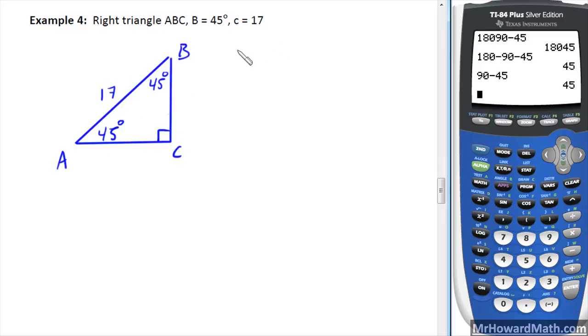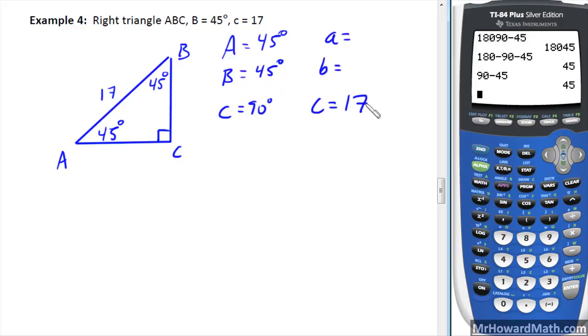So now we know all of this. Sometimes it's good to make a list. We know angle A, angle B, angle C. A is 45 degrees, B is 45 degrees, C is 90 degrees. And we know that side C is equal to 17. So we have that information. We just need to find A and B.